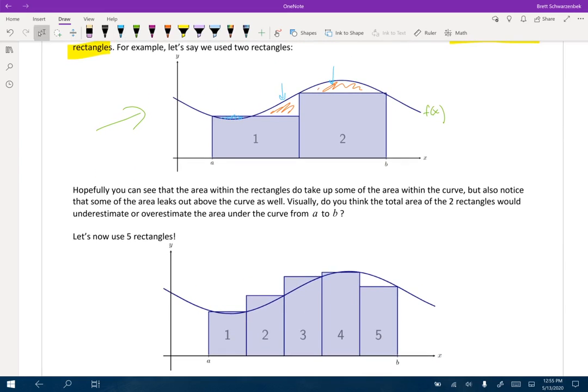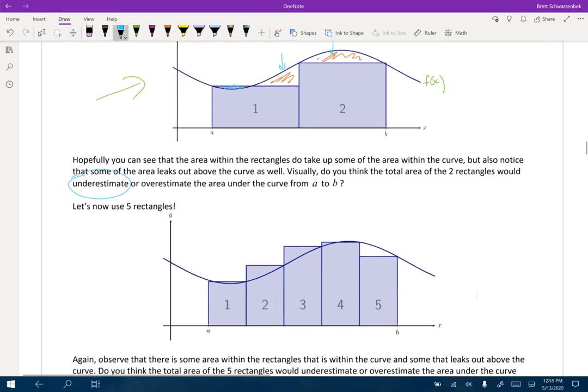No. So if I were to ask you, is this rectangular method going to under or overestimate the area? Hopefully you would say that it's almost certainly going to underestimate the area from A to B. That doesn't mean that the rectangular method is wrong or won't work. It just means there's more to come, more to enhance the method.